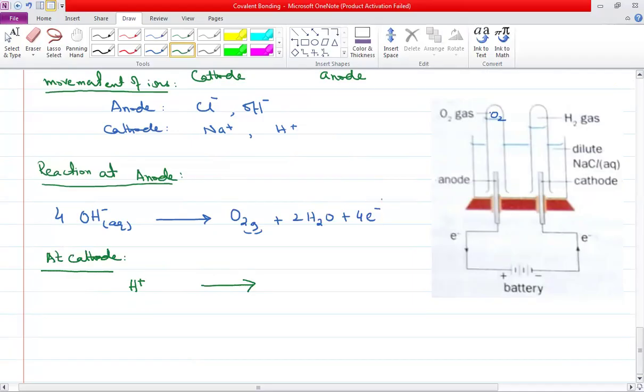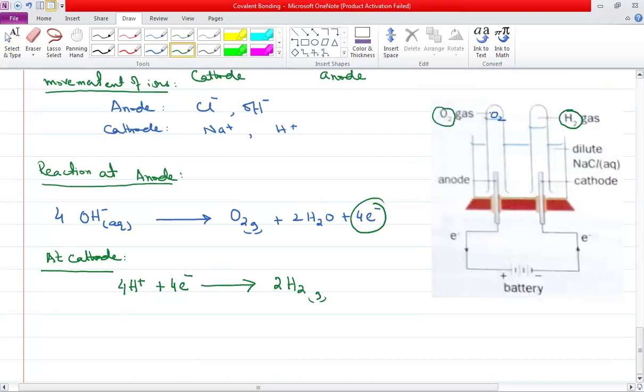It takes these 4 electrons which are being discharged at the anode. These electrons are consumed by hydrogen ion. One hydrogen needs 1 electron, so for 4 electrons, we take 4 hydrogen ions. And after gaining 4 electrons, the H plus ion becomes H2 gas. So we have here this hydrogen gas.